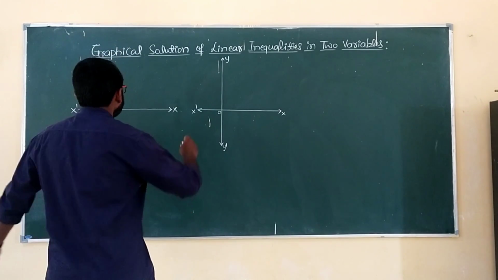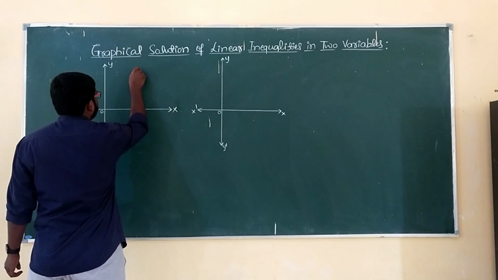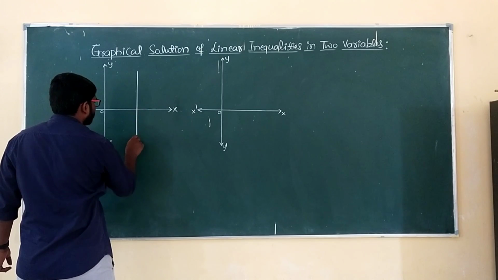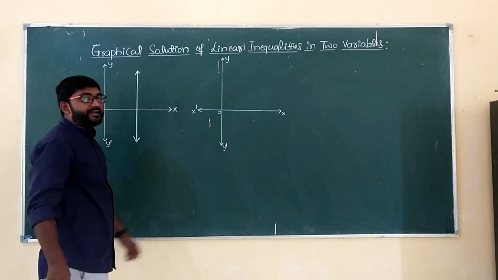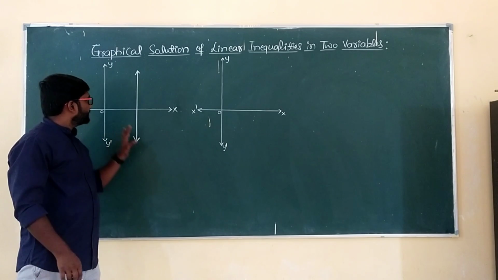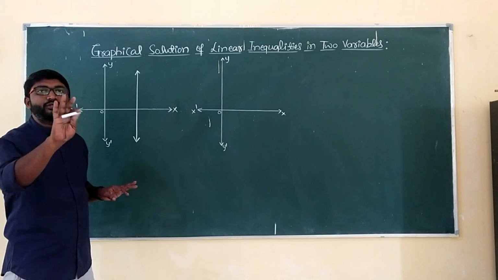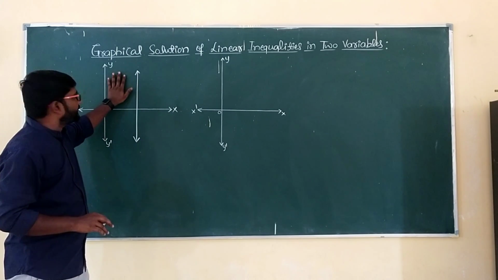See here I will take a vertical line. So this is a line now. This vertical line divides the Cartesian plane into two parts. This is one part, this is another part.